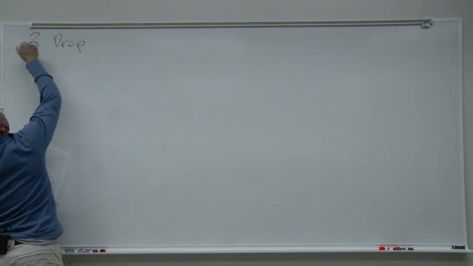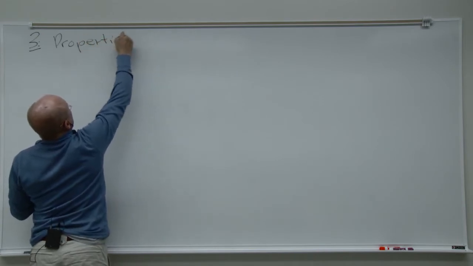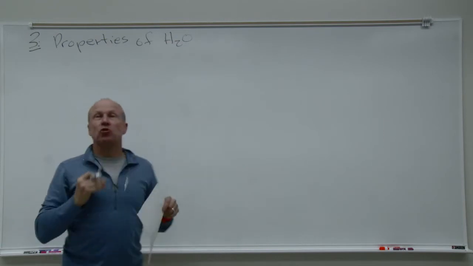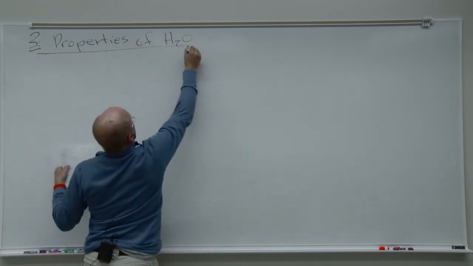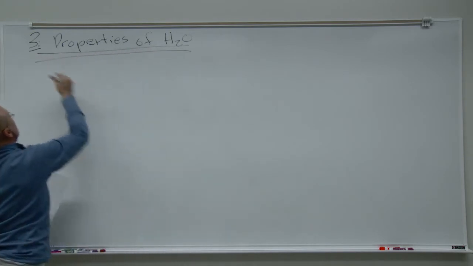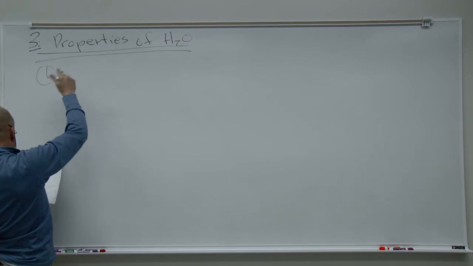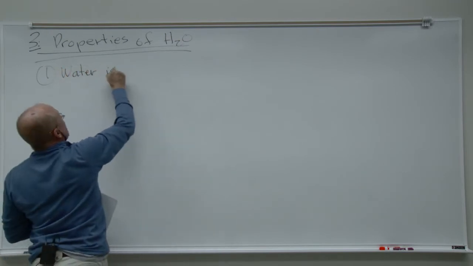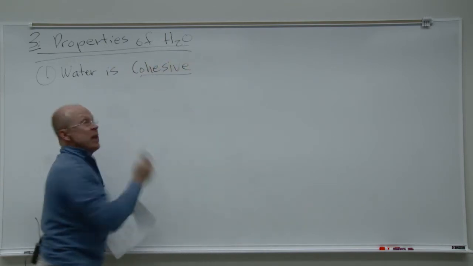So I'm going to put chapter 3 here, properties of H2O. I'll use the structural formula. So the first one of these properties of water that we need to study is going to be that water is cohesive. So cohesive is a term.